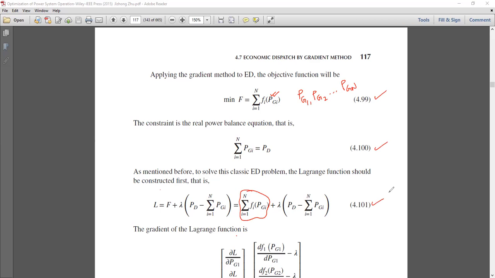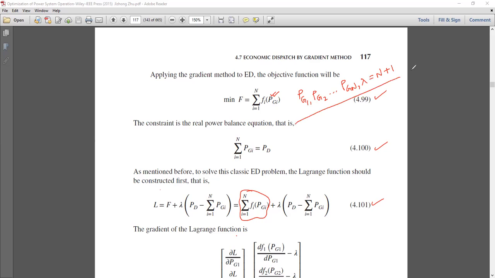If you check these three, can anyone identify? The Lagrange multiplier is unknown. How do you know what the Lagrange multiplier is? You don't know, you have to identify. So your total unknown becomes n plus 1.